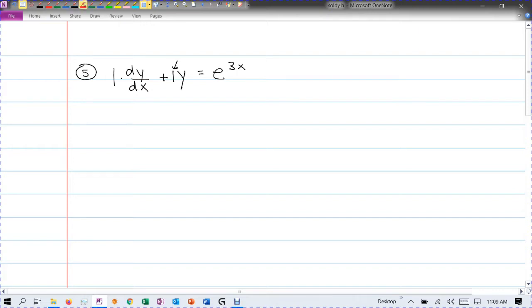We can go straight to the integrating factor, e to the integral of 1 dx, which is just e to the x, and I multiply both sides by that. Now I will point out on the left-hand side, again, I'm just going to skip and go straight to what I know it's going to be. But on the right-hand side, I do have to multiply e to the 3x times e to the x. So I'm going to add those exponents. So I get e to the 4x. And now we integrate.